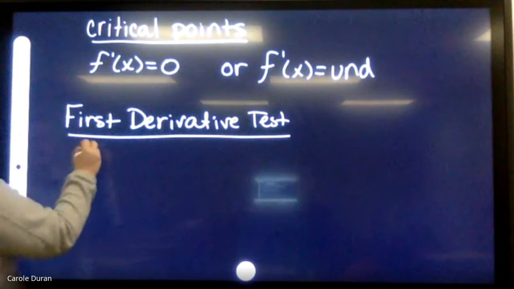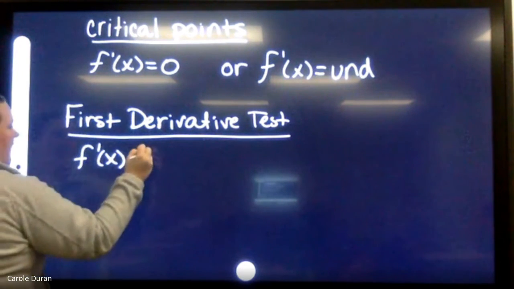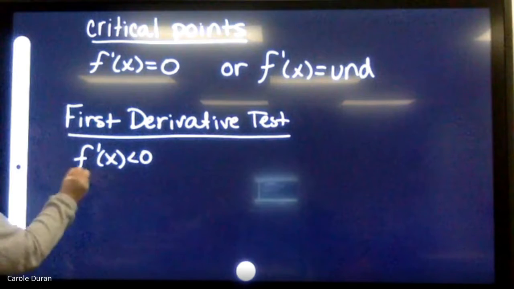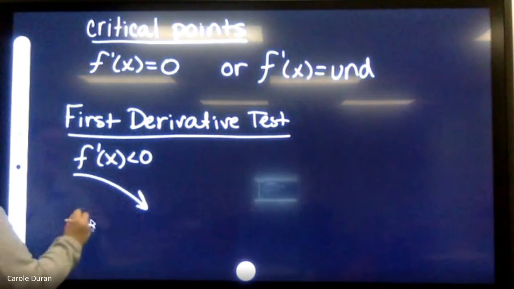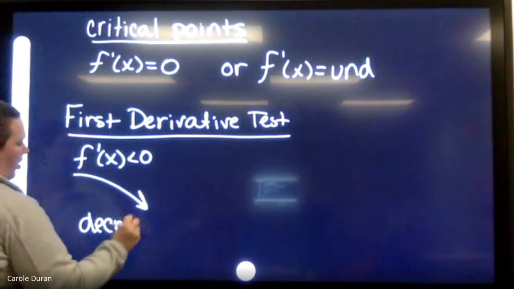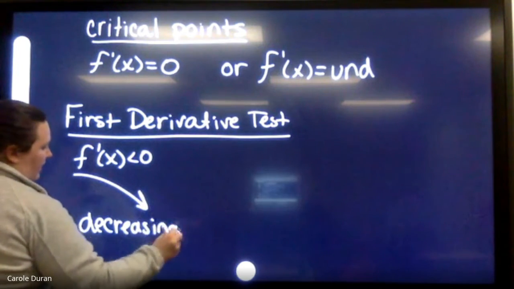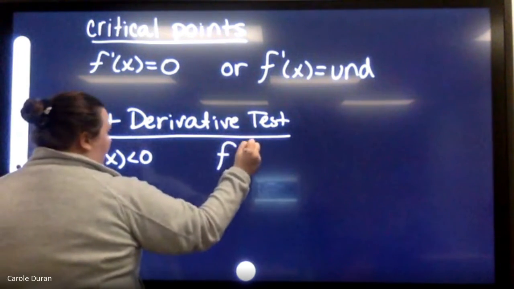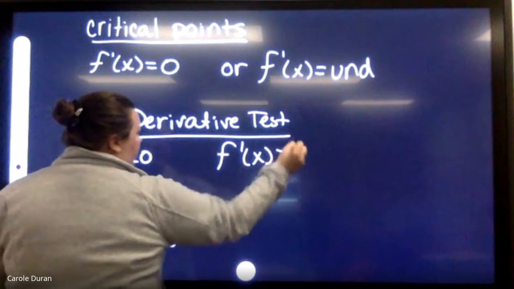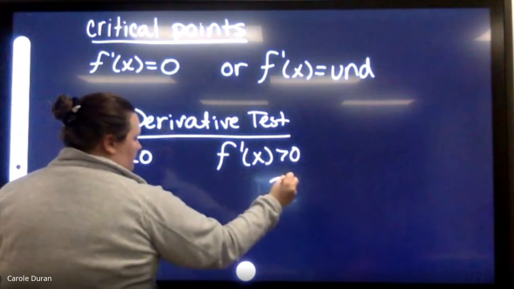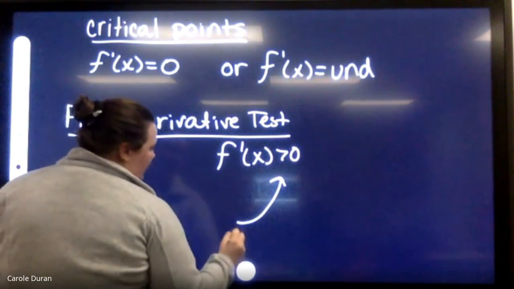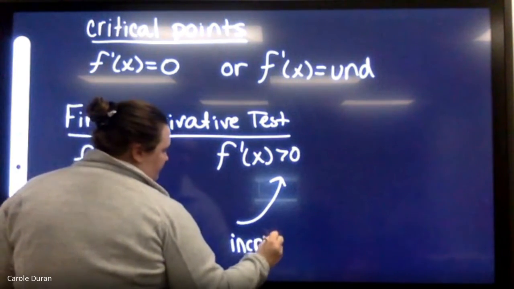In our first derivative test, if my derivative value is less than 0, then my function is decreasing on that interval. If, however, my derivative value is greater than 0, then it is increasing on that interval.